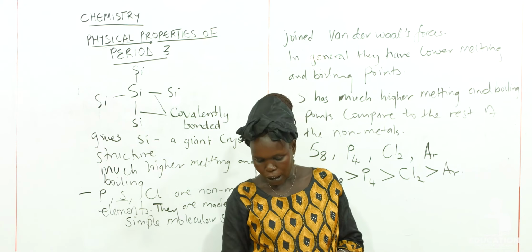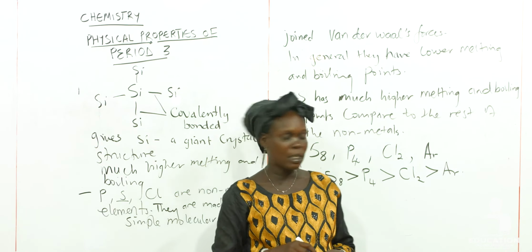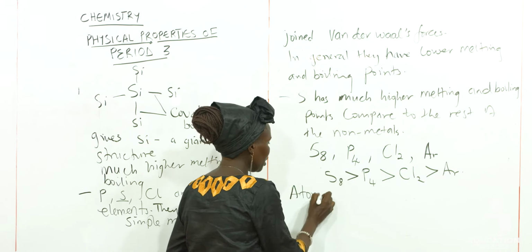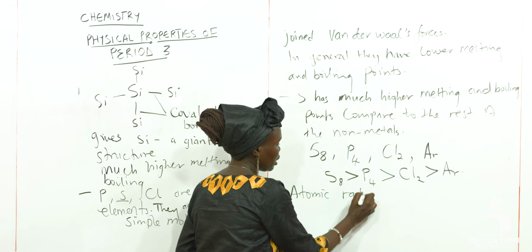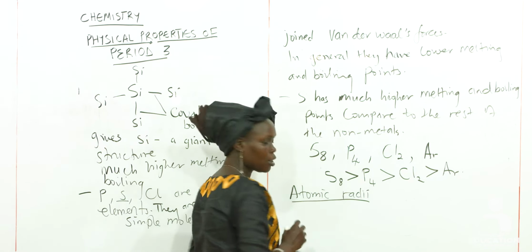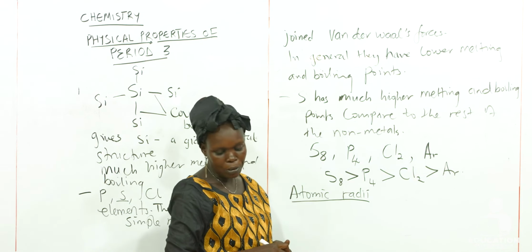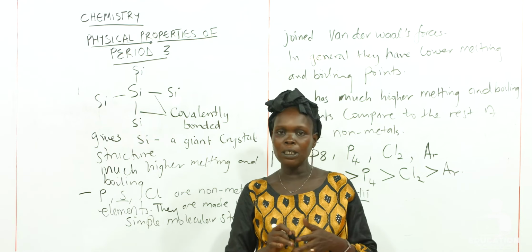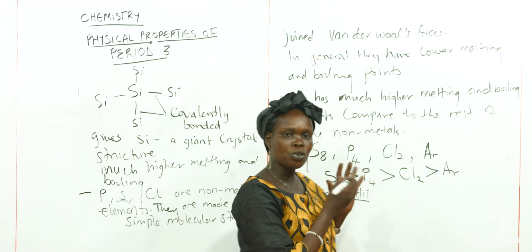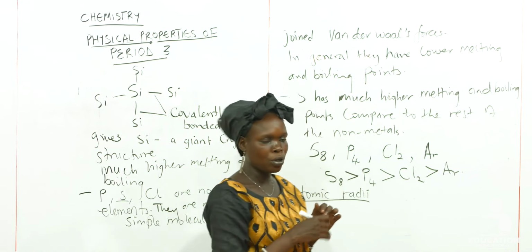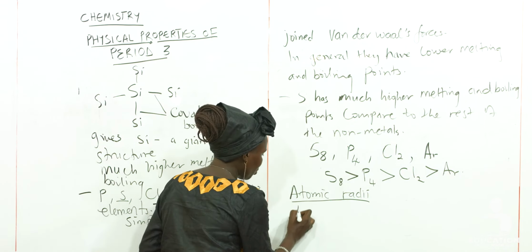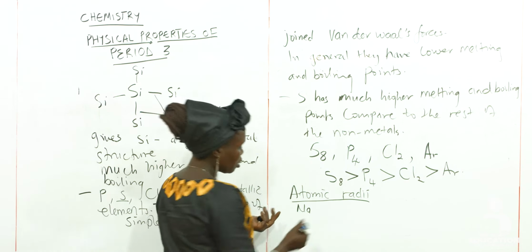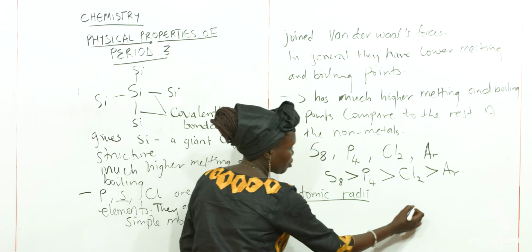So we shall also say that there is what is known as the atomic radius. This is another physical property of these elements. Atomic radius generally decreases from left to right, starting from sodium and going to argon.